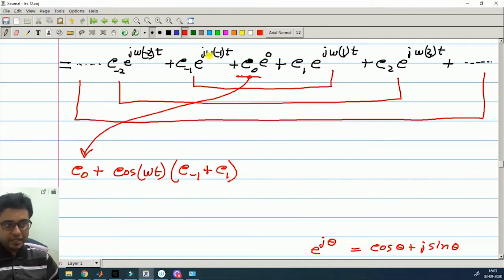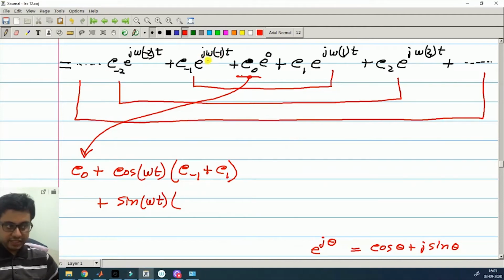Then from here we will get a sine omega t term that is multiplied with c1, and there is a minus sign.